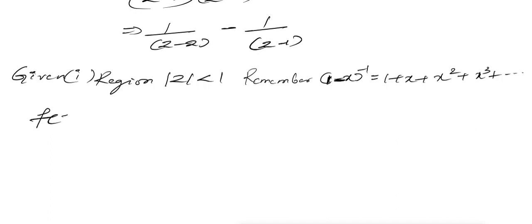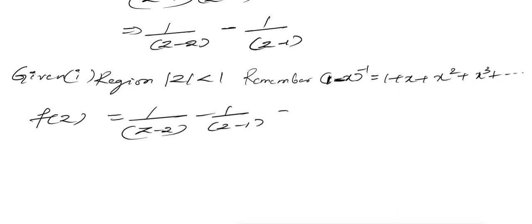So the given function f of z can be written as 1 by z minus 2, minus 1 by z minus 1. I need the 1 minus z form, so 2 has to be taken out. So when I take 2 common, this will be divided by the first term, minus 1.